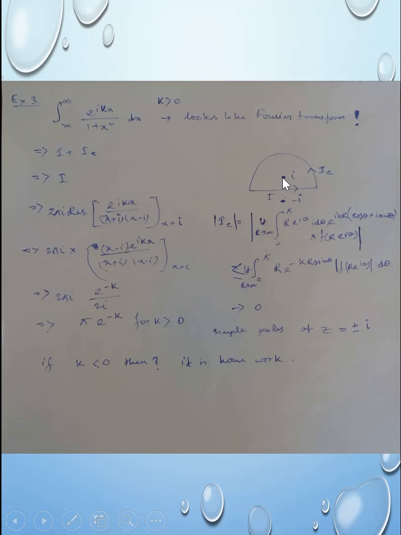Only one is inside, so I have to calculate the residue for i only. You calculate the residue for this function, apply the same rule and same formula, and you get this answer, right?